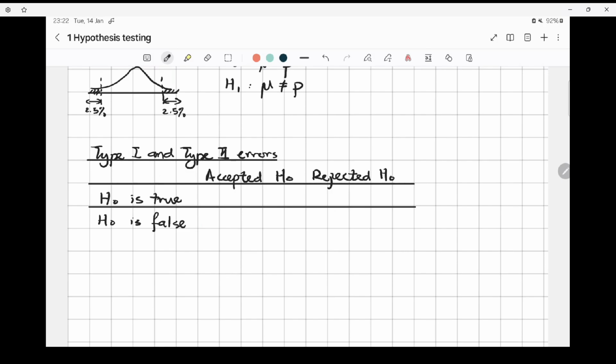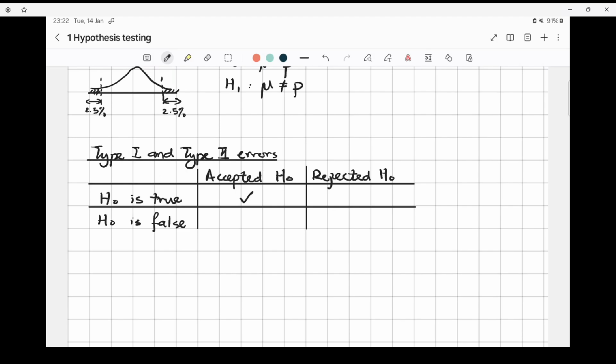Perhaps I can draw this. So if H naught is true and you accepted the null hypothesis, then nothing is wrong. You are doing the correct choice.